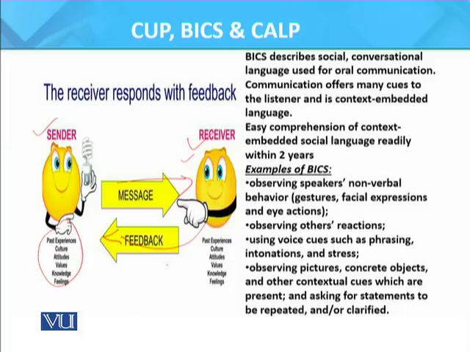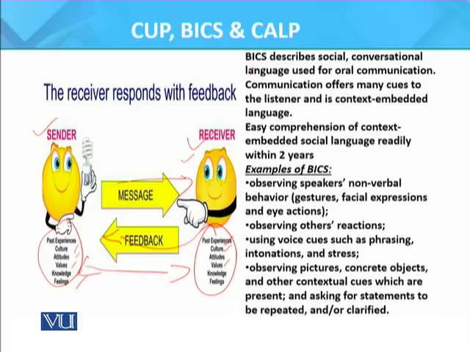So here you have seen these parameters: past experience, culture, attitudes, values, knowledge, feelings. Again, here past experience, culture. So these constitute the context embedded language, which means that the sender and receiver share these parameters or components.